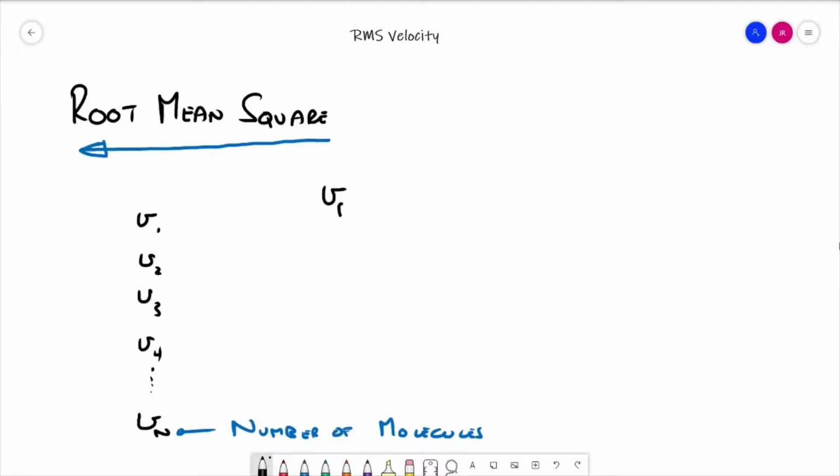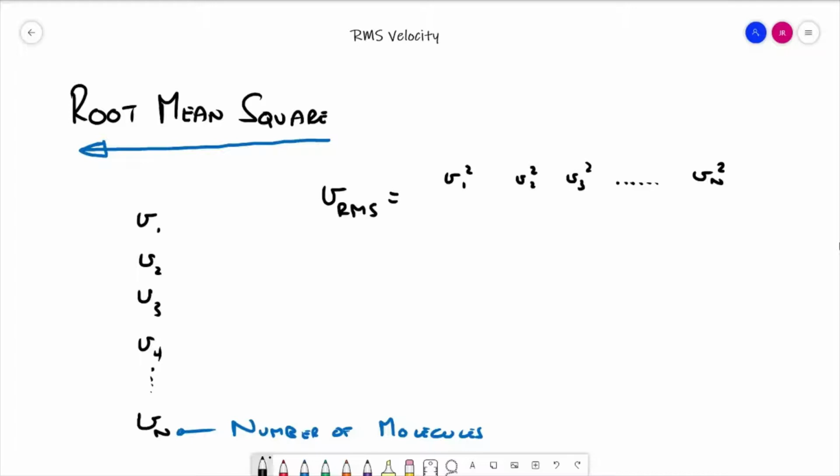Then in order to calculate the RMS, we're going to work backwards again. So we're going to square them all first. So we're going to do V1 squared, V2 squared, V3 squared, all the way up to Vn squared. So we've squared all those numbers.